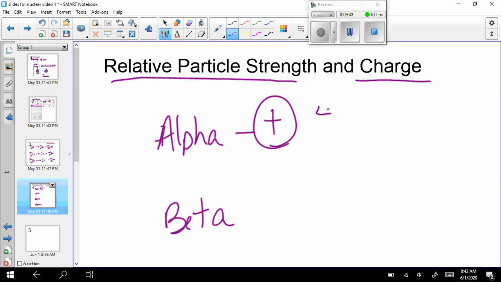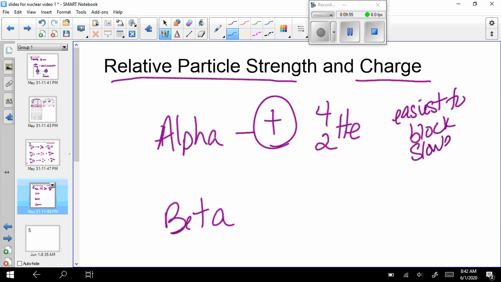It has a mass of 4 and it has 2 protons, so it's just like helium. This is actually easiest to block. It is the slowest particle because it is heavy. Having a mass of 4 makes it very heavy. You can actually stop this with a piece of paper. It's easy to block alpha radiation.